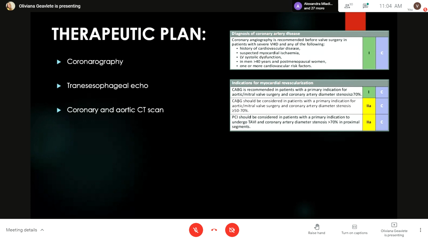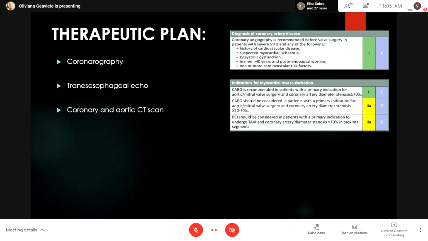It is also recommended in men over 40 or women in postmenopausal state, and one or more cardiovascular risk factors. And CABG is recommended in patients with the primary indication for aortic or mitral valve surgery if they have stenosis over 50%, and this is a class 1 indication.